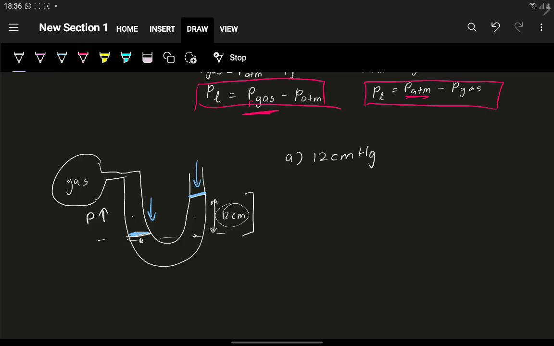So we can use the formula I like. PL equals P gas minus P ATM, because the pressure of gas is lesser than P ATM. So if we move this ATM to here, it will become P gas equals P ATM plus PL.